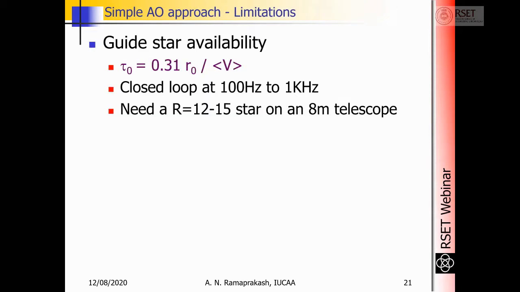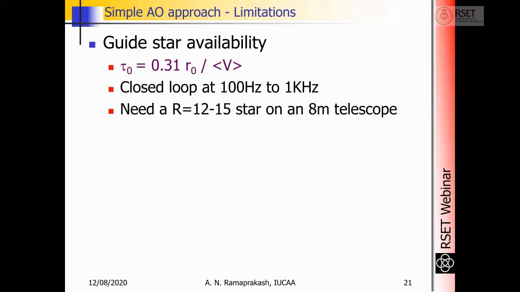Now, there is one limitation to this, because this whole approach crucially depends on the availability of a reference star which is bright enough and is right next to your science target. But most of the time, if you look at the sky, there are very few bright stars available.